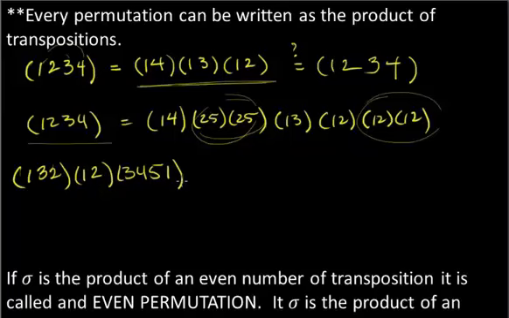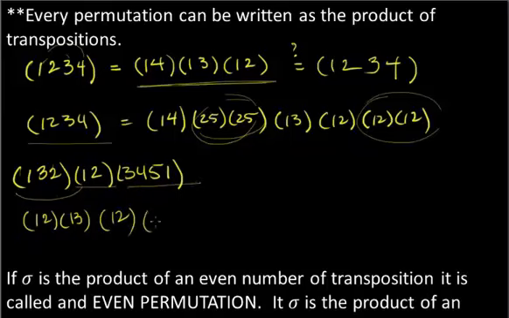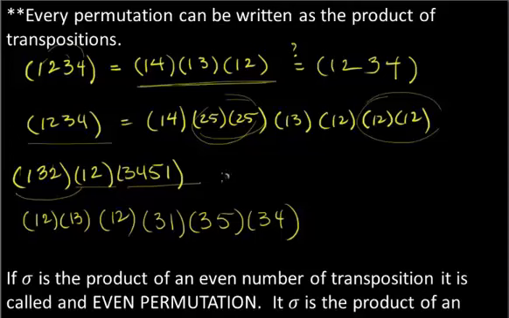First of all, I'm going to take this one, and I'm going to write it as 1, 2, 1, 3. 1, 2 is already a transposition, so I put that in. I definitely want to have this order. And then here, I'm just going to change it to 3, 1, 3, 5, 3, 4. And I have 6 of them. So this is an even permutation.